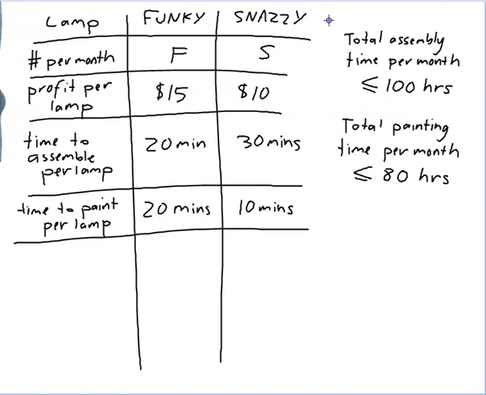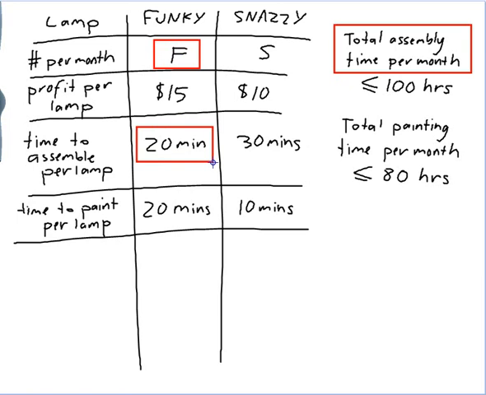Alright, so over here I've talked about the total assembly time per month. So I should figure out what the total assembly time per month is in terms of F and S. So let's see, I've got F funky lamps and they take 20 minutes each.